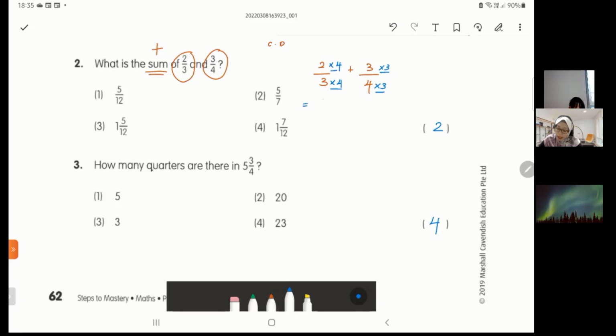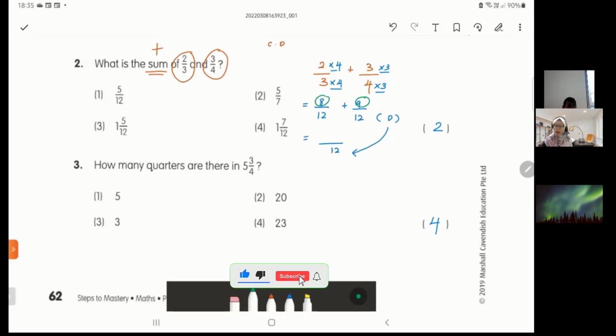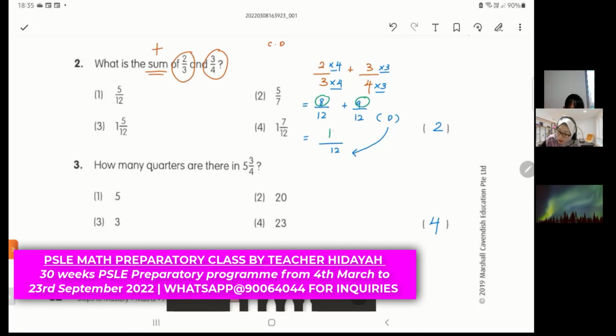Equals to 8 over 12. This is renaming it, plus 9 over 12. Equals to over 12 remains the same. Denominator will always remain the same. What you're going to add is the numerator. 8 plus 9 is 17.